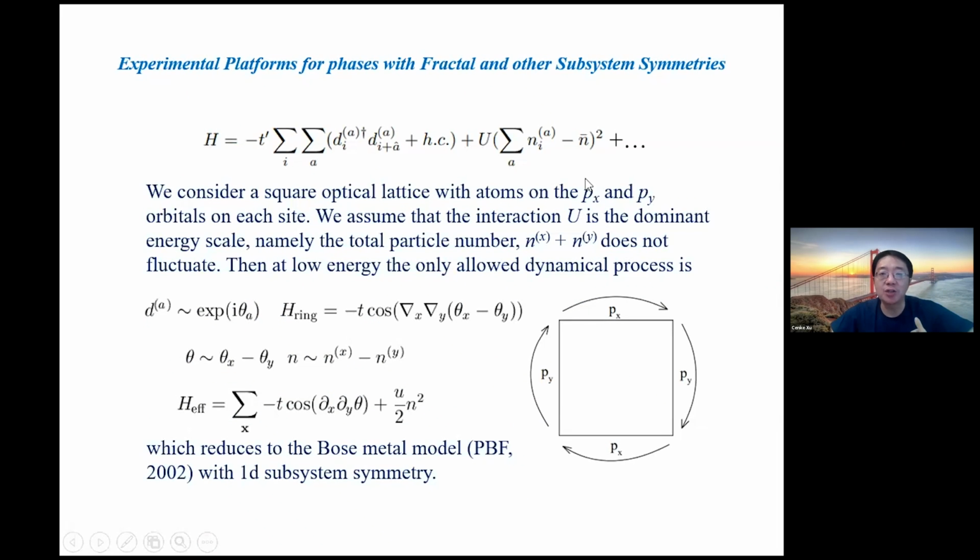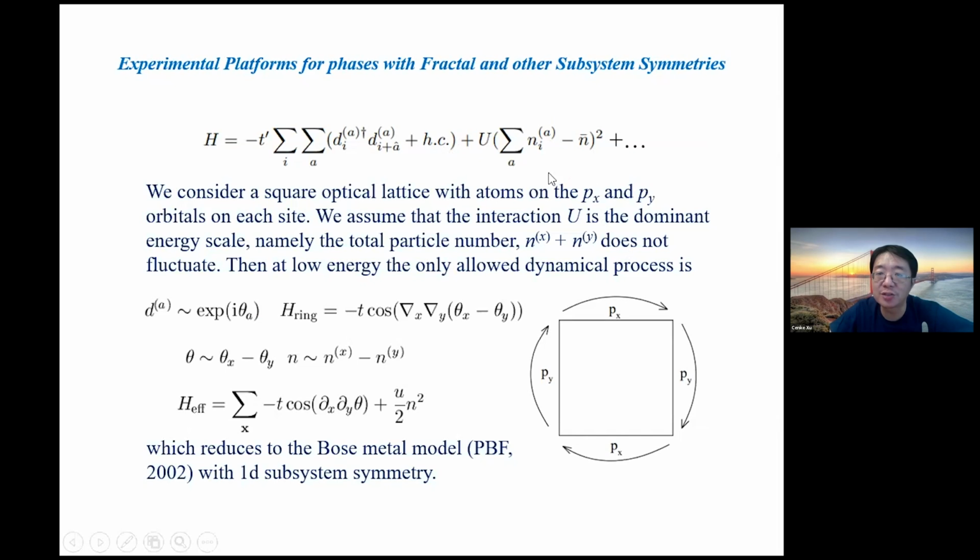Let's assume we are considering a two-dimensional lattice with square lattice symmetry, which means that the px orbital and the py orbital, one extending along the x direction and one along the y direction, are degenerate. Let's say that this U term is the dominant term in the Hamiltonian.